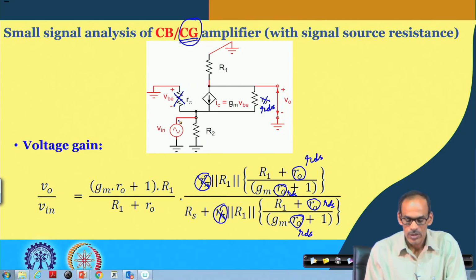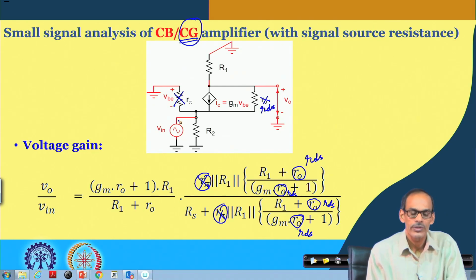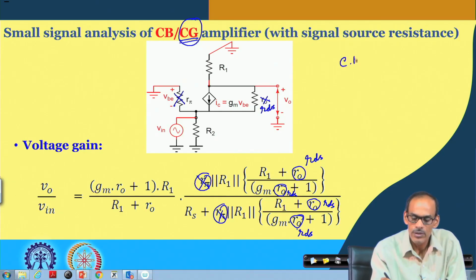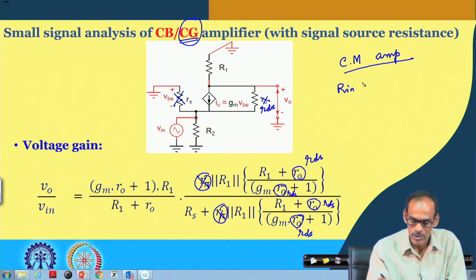Okay. So, what may then be the other alternative? Can I use this circuit as a current mode amplifier? First of all, for a current mode amplifier, what we are looking for, ideally, is that the input resistance should be as small as possible and the output resistance should be as high as possible.